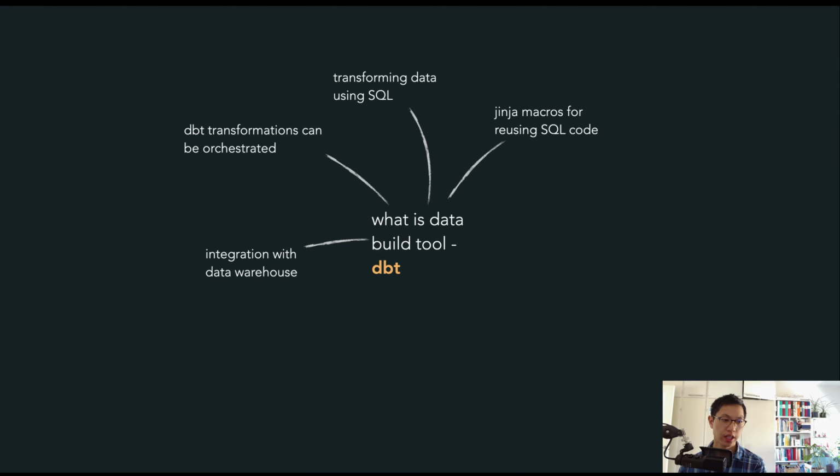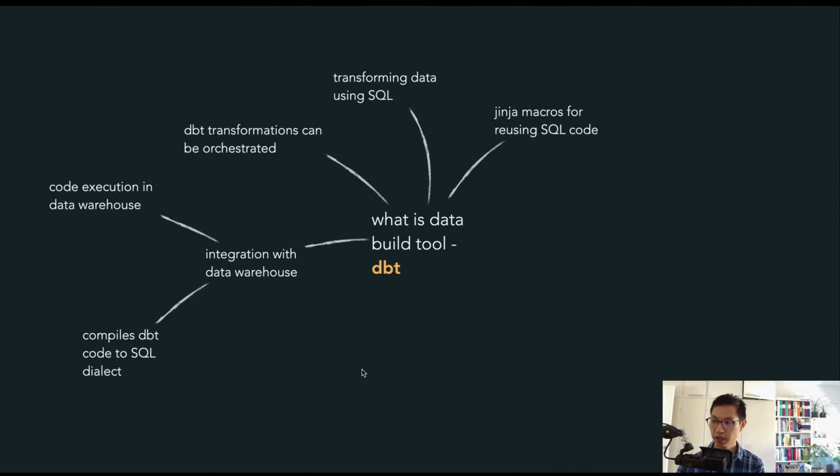It has very good integration with data warehouses, and the code execution is done in the data warehouse. So it's not done in dbt, it's done in, for example, Snowflake, if you're choosing to integrate with Snowflake. If you're choosing Redshift, then the code execution is done in Redshift. If you're choosing DuckDB, then it's done in DuckDB, okay?